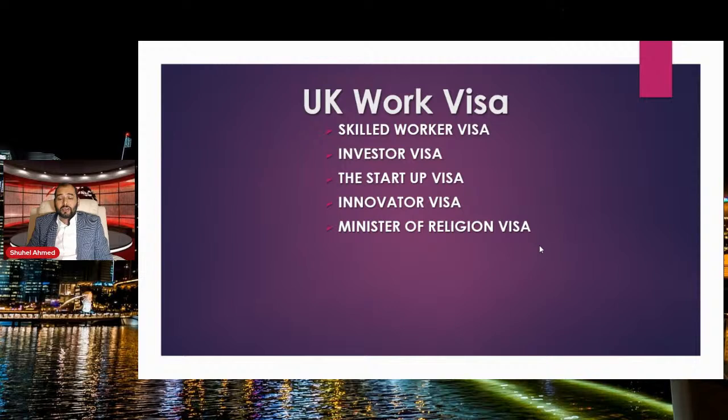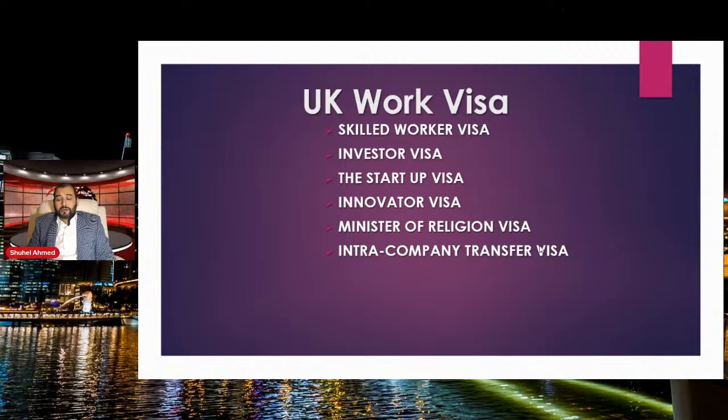Minister of Religion visa. This is basically a Tier 2 work permit visa. So if anyone wants to come to the UK as an imam, or to work in a church, then they should come under the Minister of Religion visa.